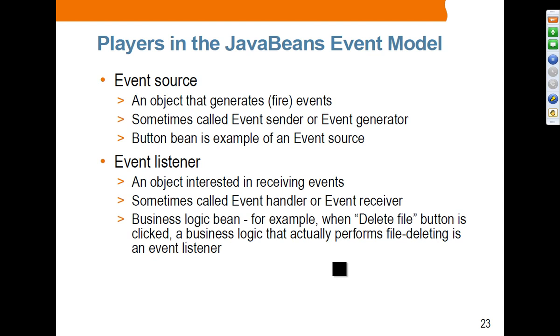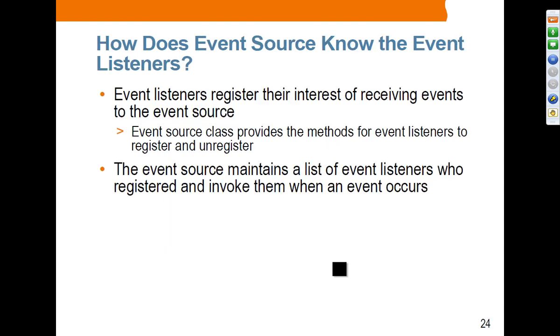Now, what is the relationship between event listener and event source? Let me repeat that question. How does the event listener let the event source know that it is a listener of that particular event? That is the question on this page.